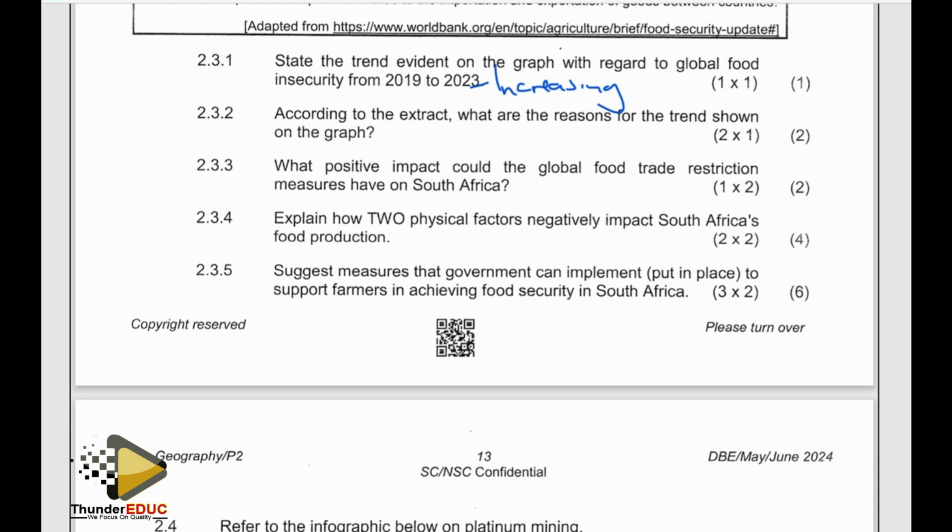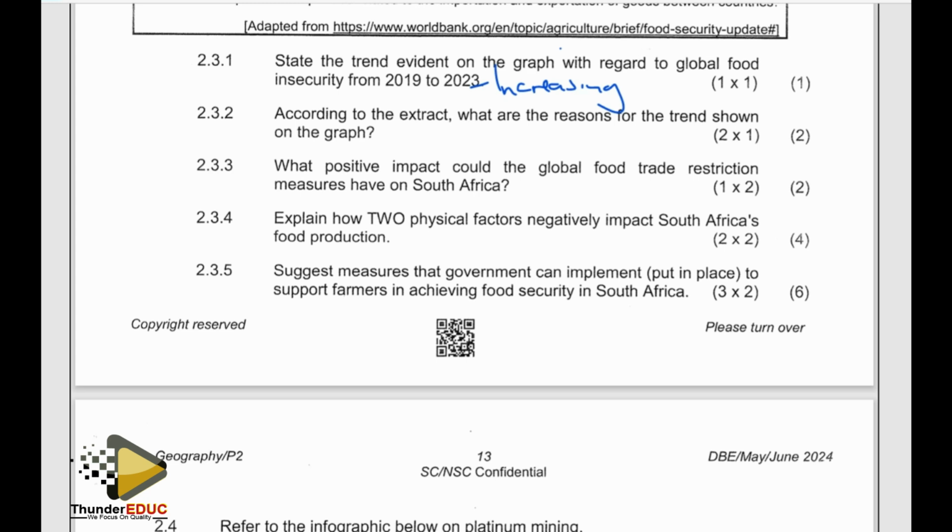Right, we move on to the next question. 234. Explain how two physical factors negatively impact South Africa's food production. Physical factors, we are looking at natural factors in that instance. The physical factors that we can mention here include climate change.